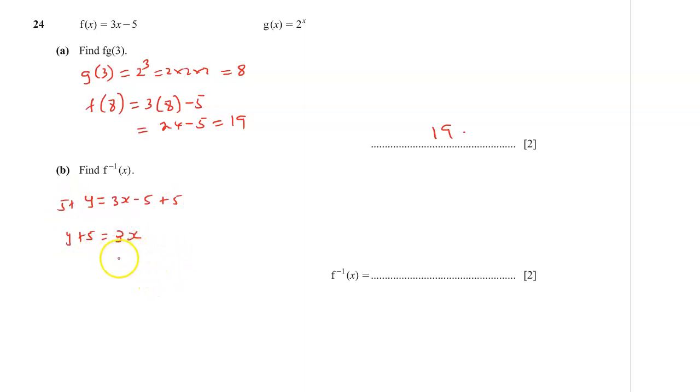We divide both sides by 3. So x is equal to (y plus 5) upon 3. Of course, we change this y to x, so this will be (x plus 5) upon 3.